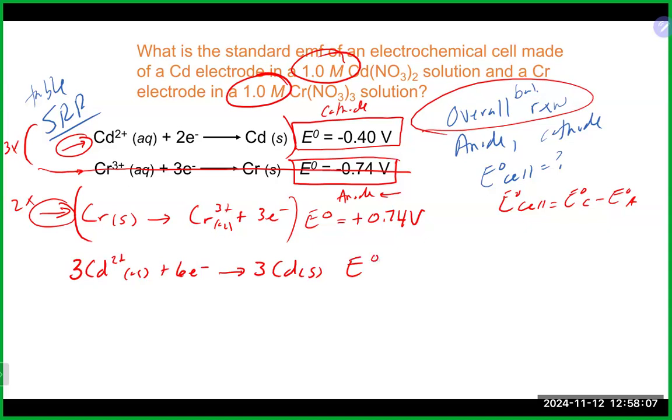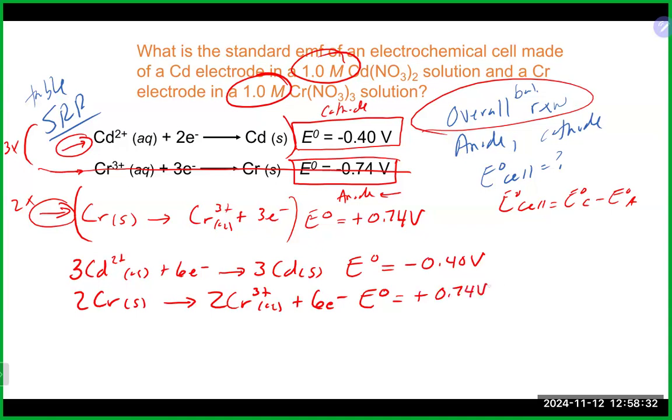Because I multiplied this by 3, that has no effect on the E value, so we're not going to multiply the E value by 3. I'm going to multiply the bottom one by 2, which gives me 2 Cr goes to 2 Cr3+ and 6 electrons. Once again, although I did change the sign, I am not going to multiply the E value.